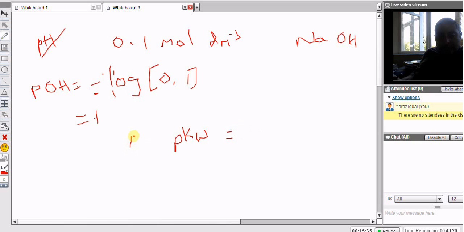So I've got pH plus the pOH, which is 1, and the ionic product of water is 1 times 10 to the minus 14, so 14. So all I do is take 1 away from it. And if you think about it mathematically, it's quite easy. It must be 13 plus 1 to give you 14.